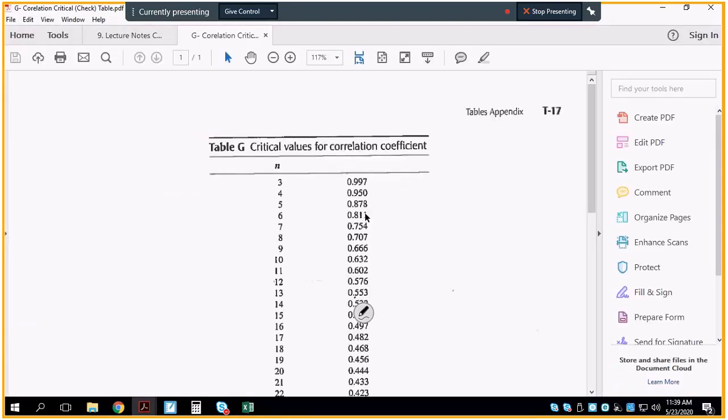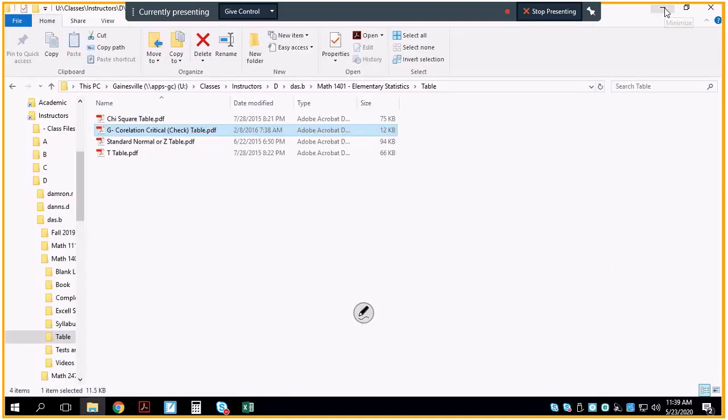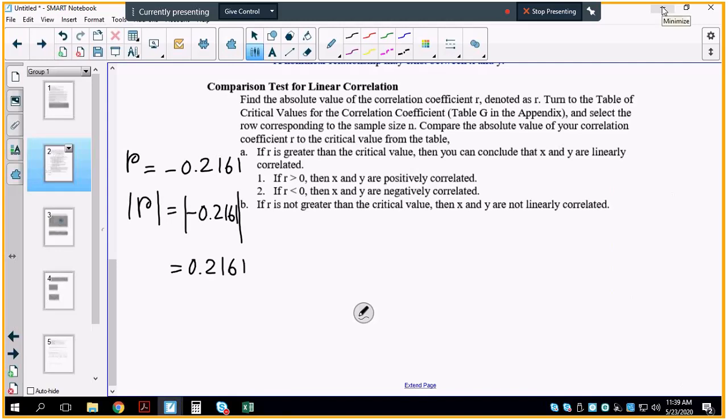Open that. The left column here talks about the sample size of the distribution, and the right column is the corresponding critical check number. So what we will do now? The process describes that if the absolute value of r is greater than the critical value that you have found, then we get to say there is linear correlation.